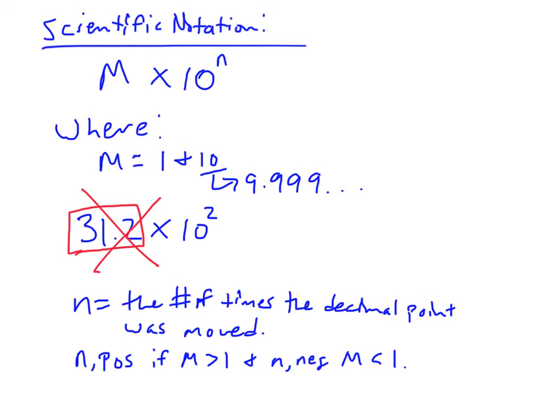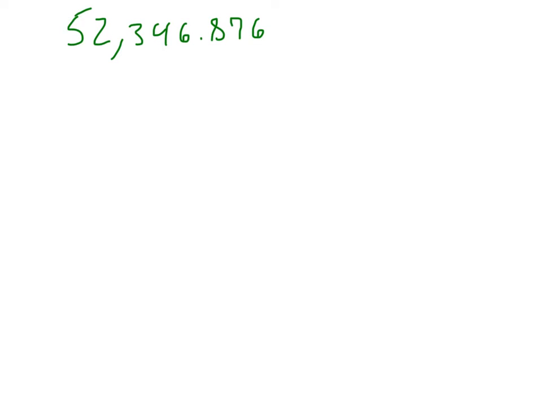So let's look at an example. Let's write this number in scientific notation. Okay, so first step, find the decimal, and then you're going to move the decimal so that it's behind the first non-zero digit. Okay, so here's the decimal, and it has to be moved behind the first non-zero digit.